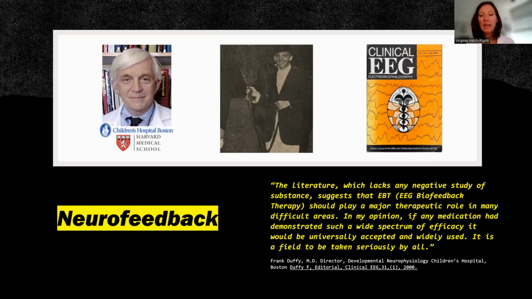In my opinion, if any medication had demonstrated such a wide spectrum of efficacy, it would be universally accepted and widely used. It is a field to be taken seriously by all." That was a statement published in this journal you can see on the right, Clinical EEG, back in the year 2000.